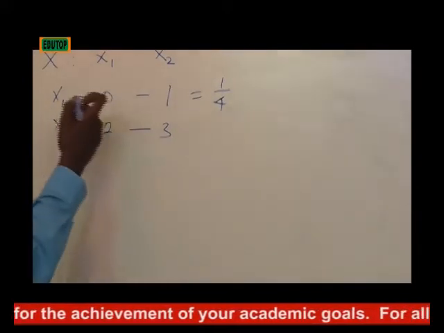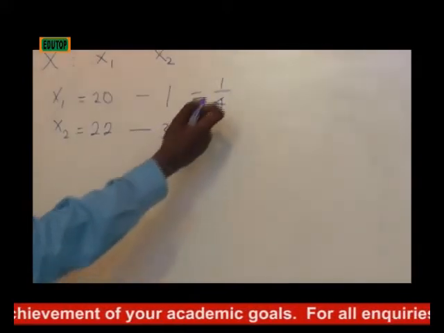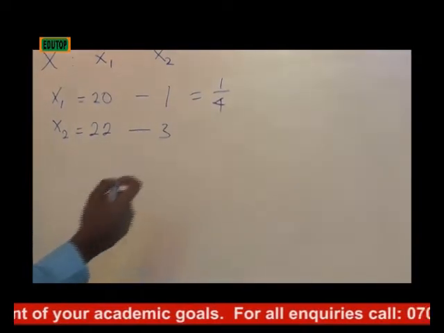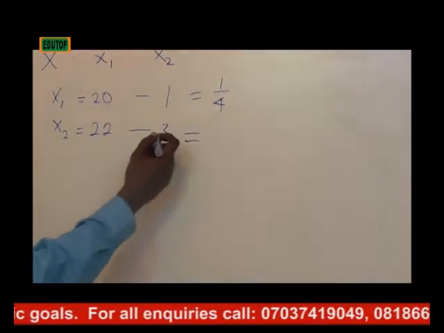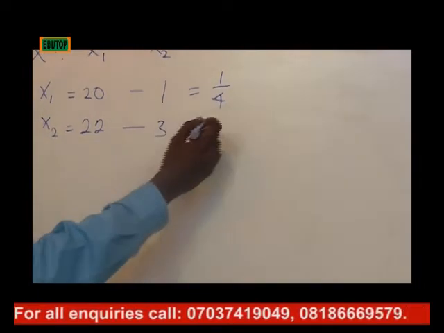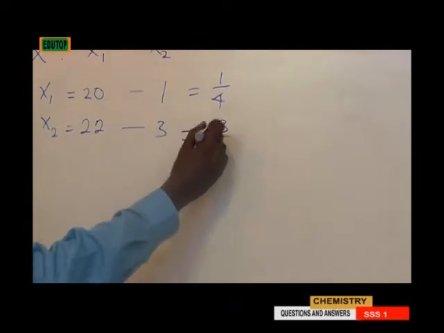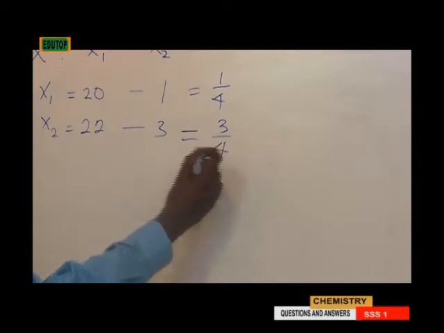So the ratio of x1 to the total will be 1 over 4. For x2, the ratio of x2 is 3 to the total, it will be 3 over 4.